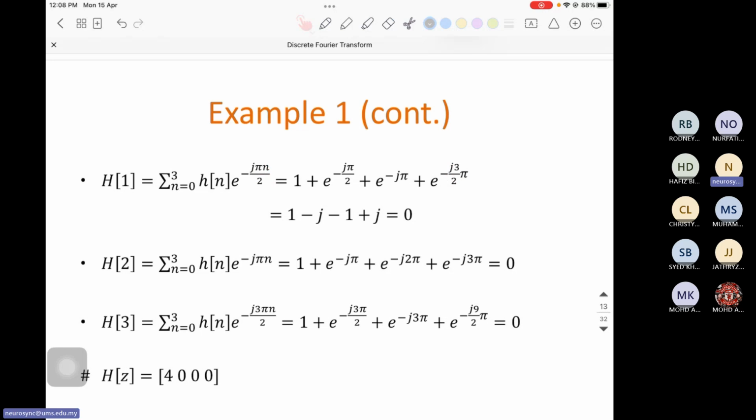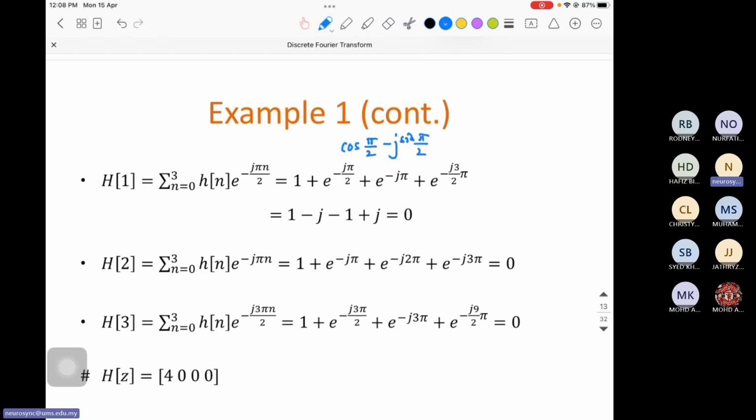Now what is e to the power minus j pi by 2? How do you expand this? This is cos minus j sine of pi by 2, correct? So if you do the trigonometric expansion of this, this is cos of pi by 2 minus j times sine of pi by 2.